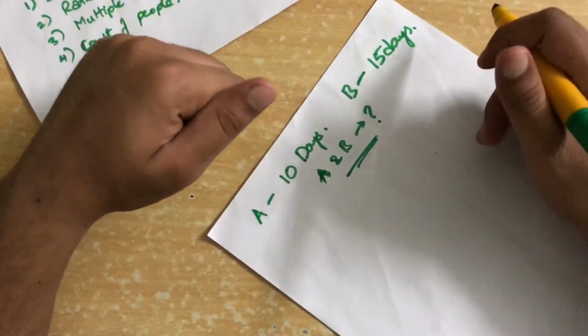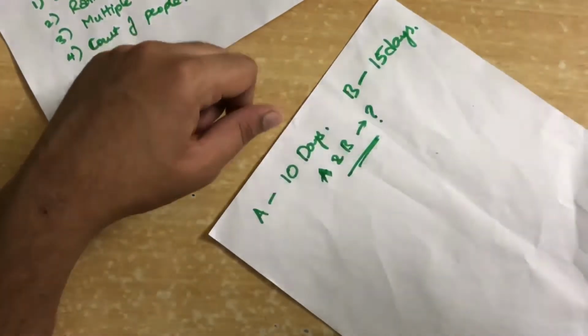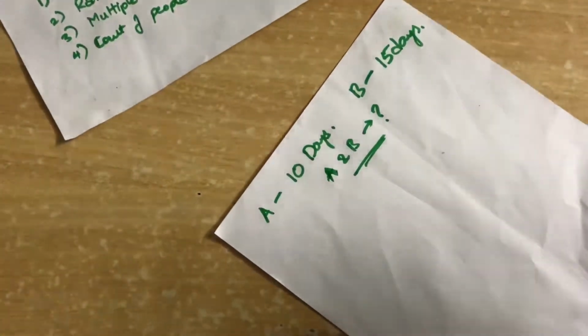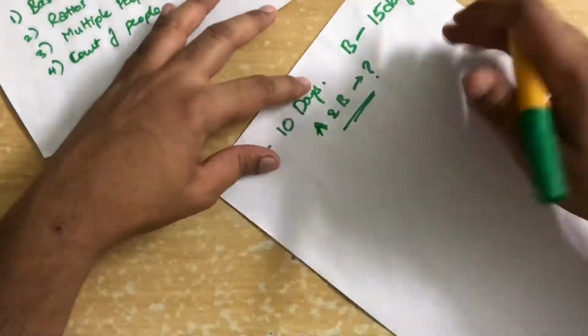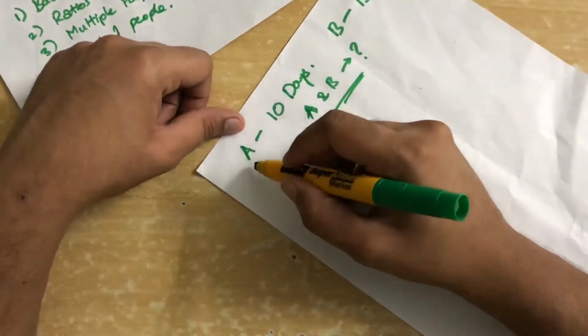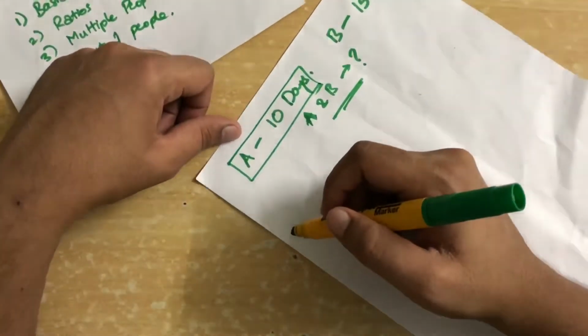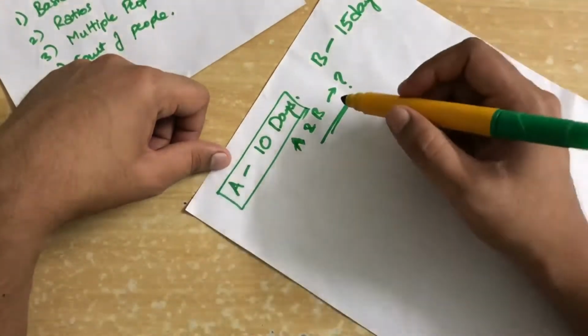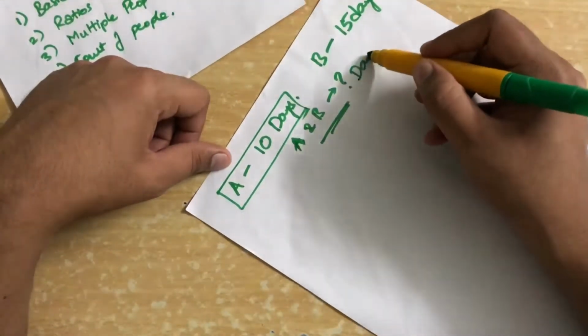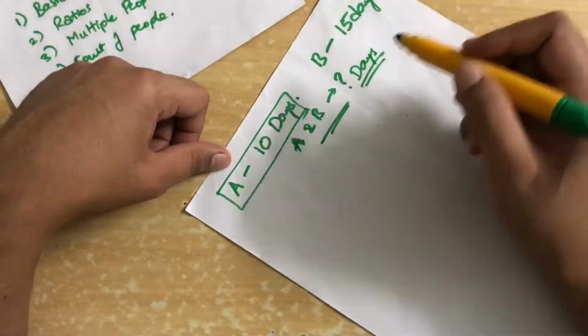So this is your question. This is a very basic question, and this is something you will be able to finish in just a couple of minutes. So the first thing that you have to do is, your person A takes 10 days to complete the work.